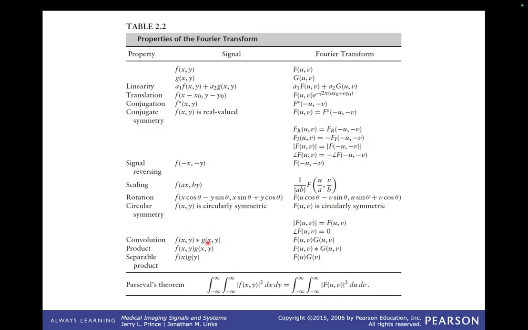When I take the Fourier transform of this convolution, this is what it equals: the Fourier transform of f times the Fourier transform of g. That's ridiculous. That's so convenient, right?